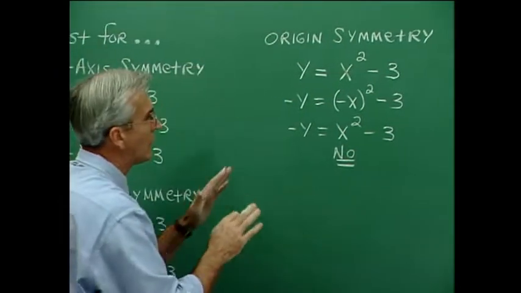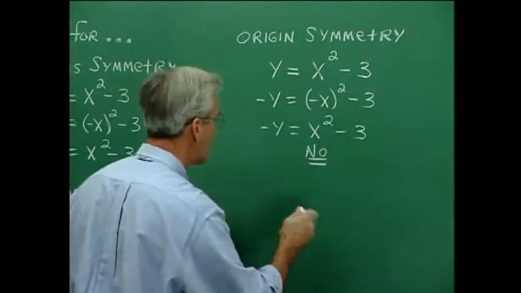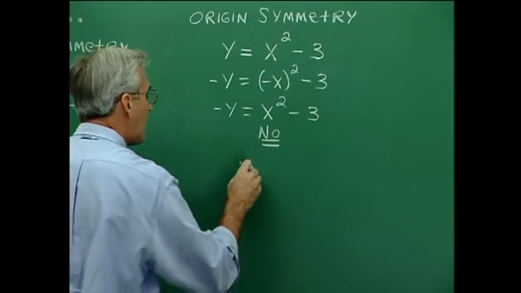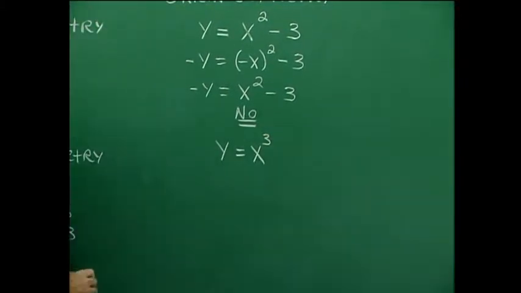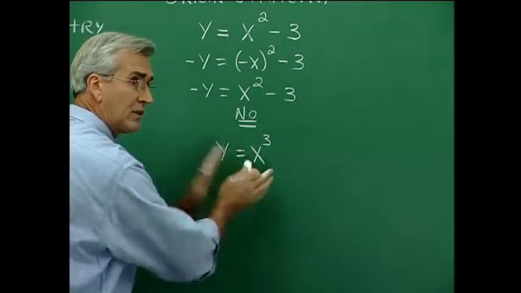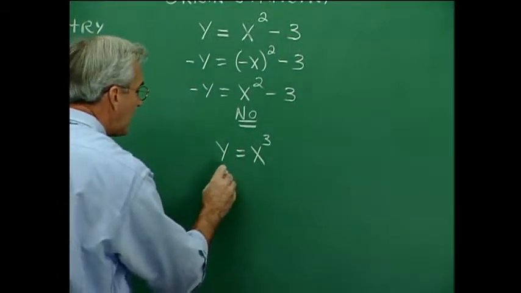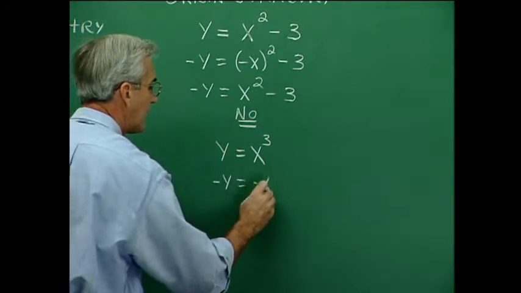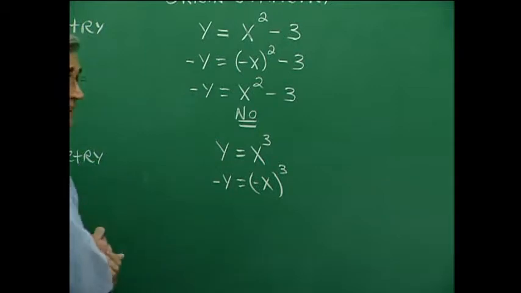Now, let me show you how the test works in a situation where it will be successful. It turns out that the graph of this equation is symmetric to the origin. To test for symmetry about the origin, we replace y with negative y and x with negative x, and then we manipulate to see if we can get back to this form.